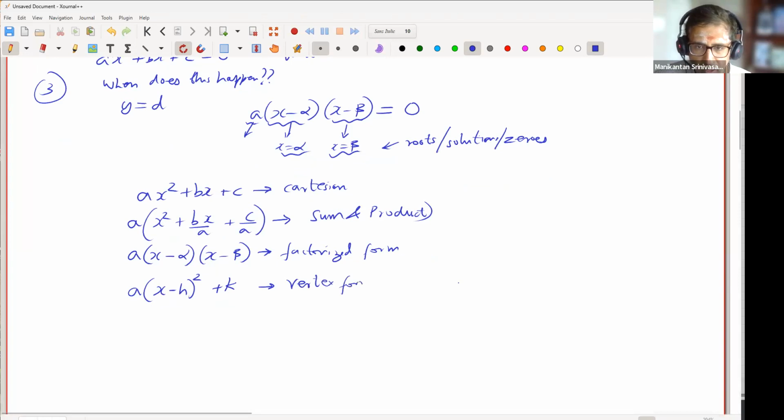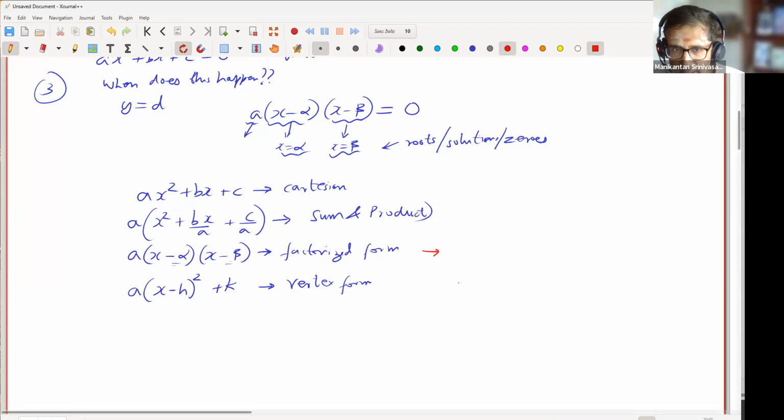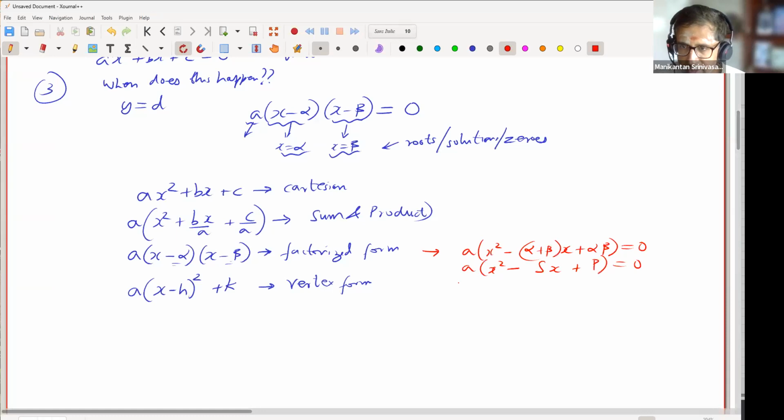Now, if alpha and beta are the roots of the equation, set equal to 0, I can expand this. If I expand this, what do I get? I get a times x square minus alpha x minus beta x, therefore it becomes x square minus alpha plus beta times x plus alpha beta equal to 0. Alpha plus beta is the sum.